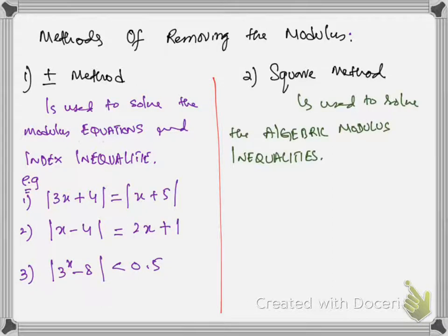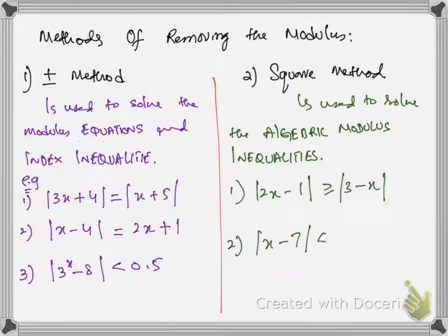The following are the two examples where we use the square method. Except these two questions, we don't use the square method. Hence, these are the applications of plus minus method and square method.